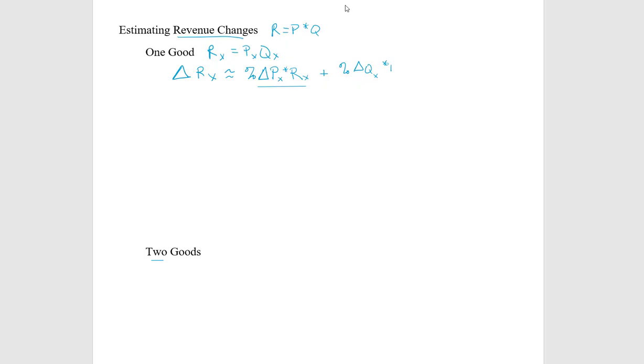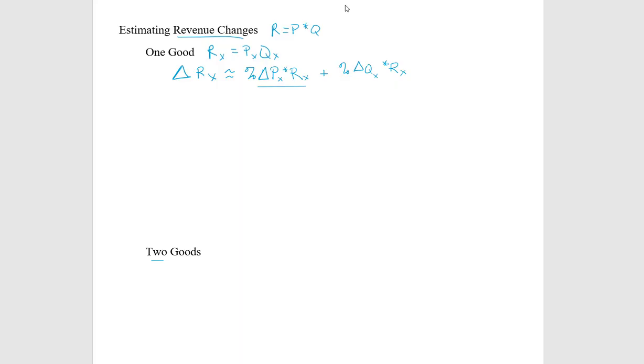And that percentage is going to impact my revenue. So if price goes up by 1%, I get 1% more revenue, but if that causes a decrease in the quantity by 0.2%, then I have a minus 0.2% times that revenue, and the sum of that is where I end up with a total change in my revenue.